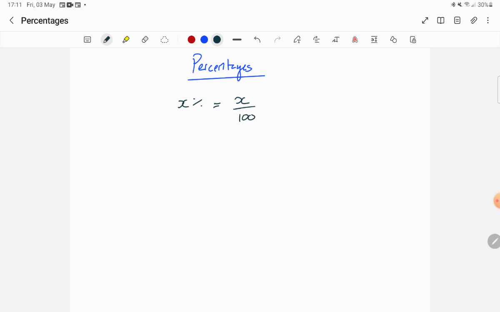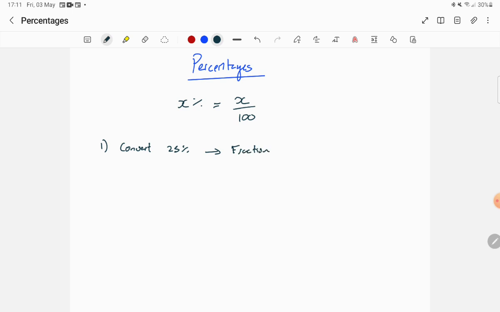When you see, for example, 75%, percent just means that it is out of 100, or 100 is its denominator. So if we were to convert 25% into a fraction, that's simple.